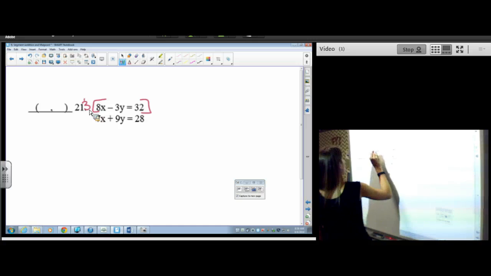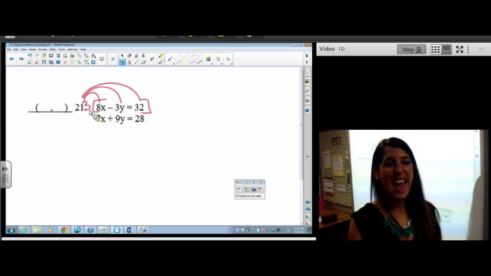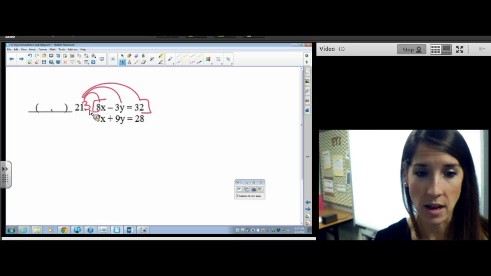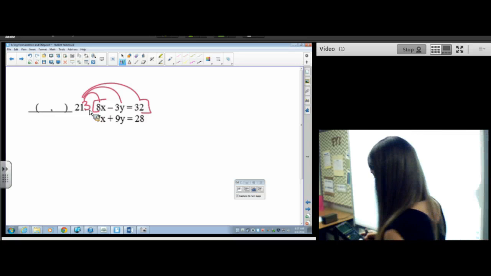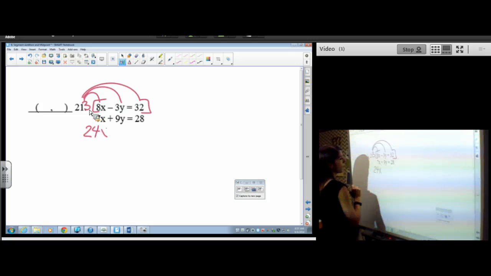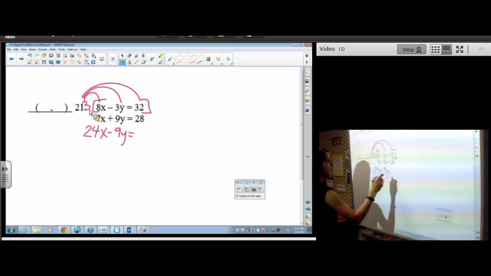Okay, so make sure, the biggest mistake people make is that they don't multiply every single thing by 3. They forget to multiply that last number by 3. So be careful there, okay? All right, so 8 times 3, 24x, 3 times negative 3, negative 9y, and 3 times 32, 96.